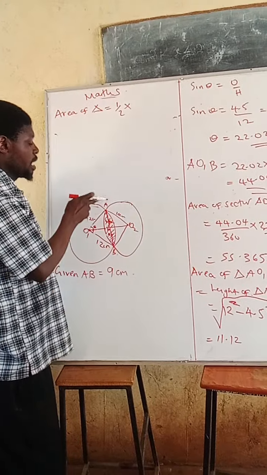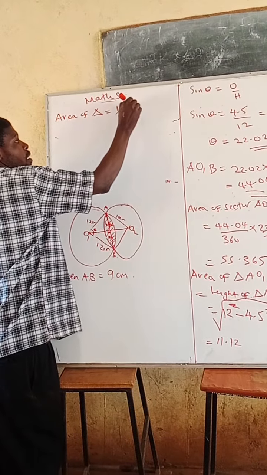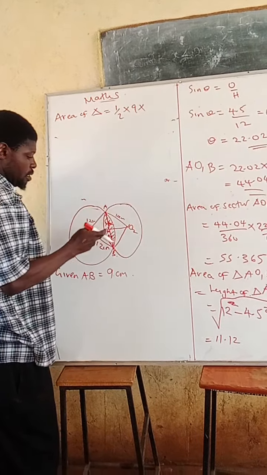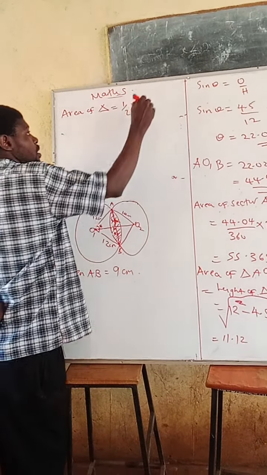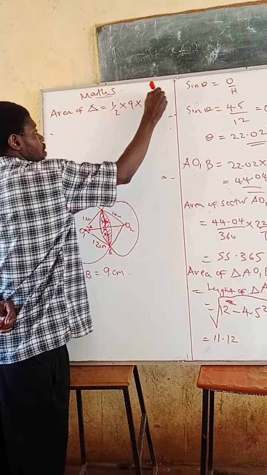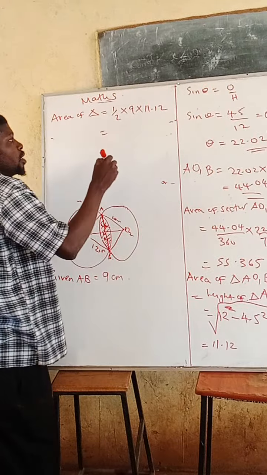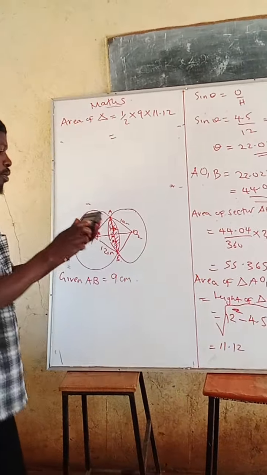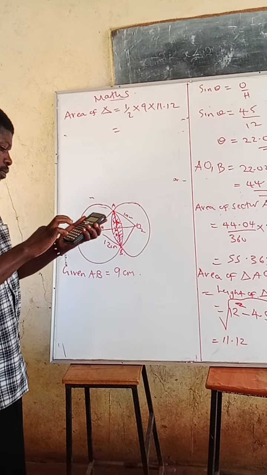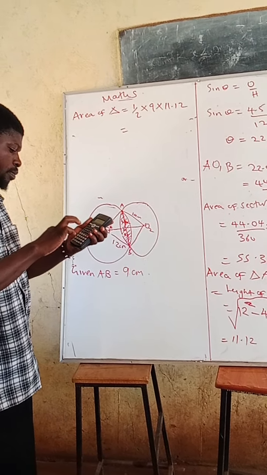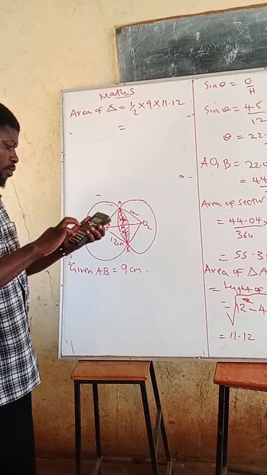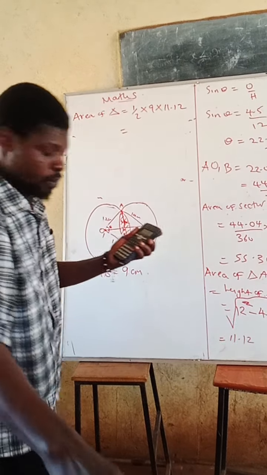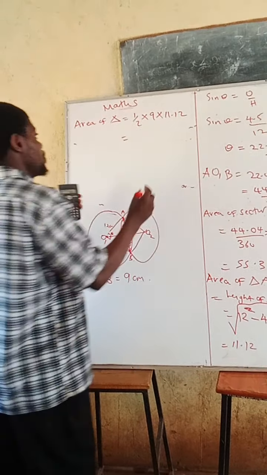B is 9, AB, which is 9, times the height which you have gotten. According to my calculation, I get 4.5 times 11.12. We get 50.04.